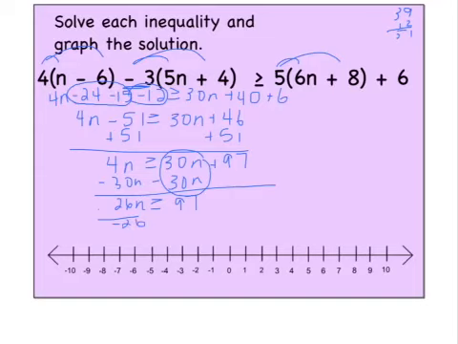Divide by negative 26. Since we divided by a negative, we have to switch our sign to do 97 divided by negative 26, which is approximately negative 3.7-ish. So I'm going to go back to about negative 3.7, make a mark, and shade to the left.